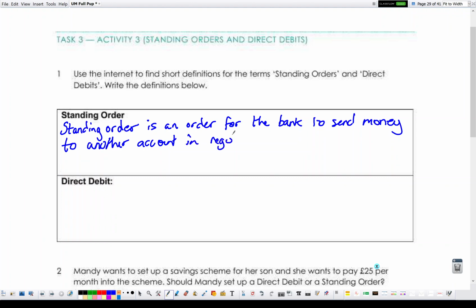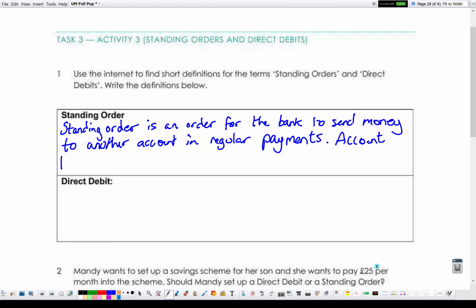So every couple of weeks, every month, every 2 months, that you decide how often you do it. The big difference between a standing order and a direct debit is the account holder is the one who decides how regular the payments are, and if they want to change it, this cannot be done without the account holder's permission.